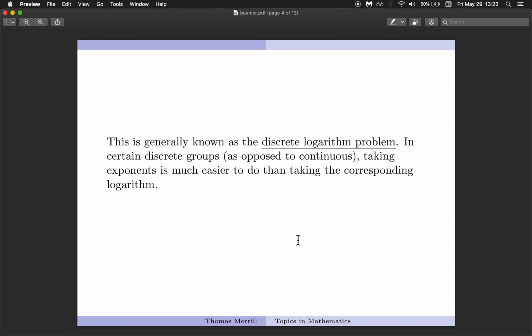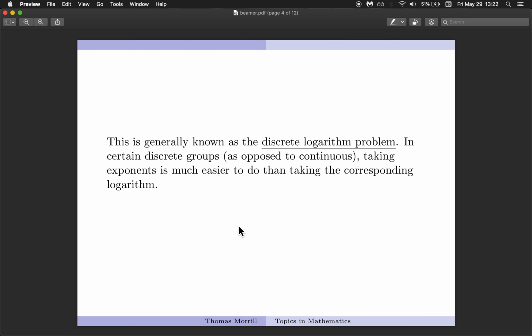We have some kind of operation that's easy to do in one direction and hard to do in the other direction. So in an arbitrary group, we talk about having multiplication. We say that taking the same element and multiplying it against itself a bunch of times gives us an exponent, and that taking the logarithm would undo that operation.